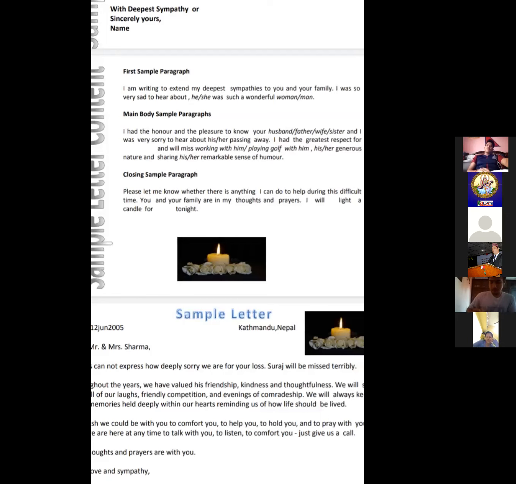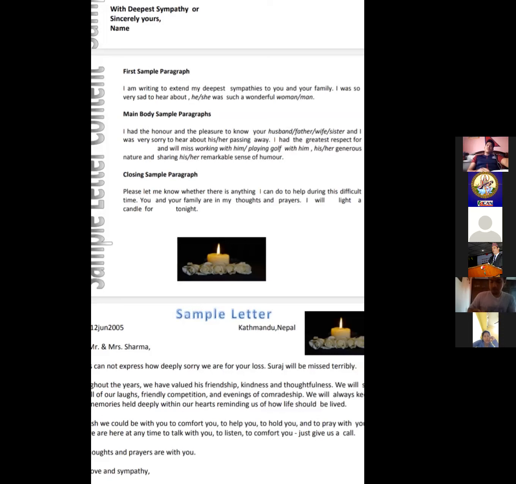Closing paragraph means your action over there. Please let me know whether there is anything I can do to help. During this difficult time, you and your family are in my thoughts and prayers. I will light a candle tonight. I am available whenever you need me. These are the actions, and then close it yourself.